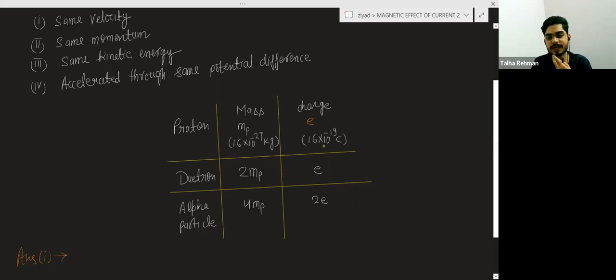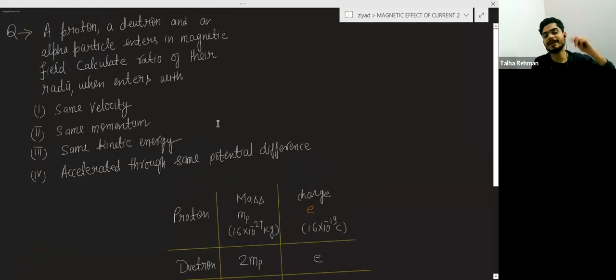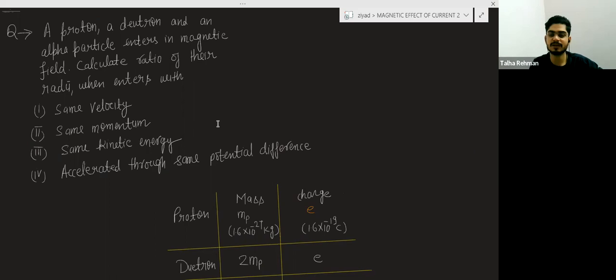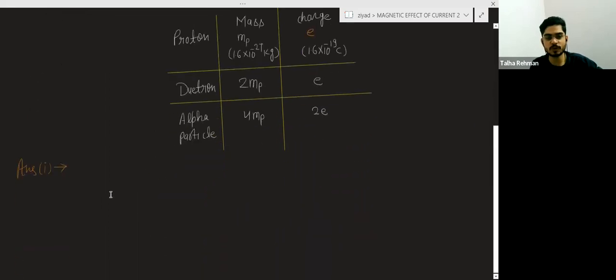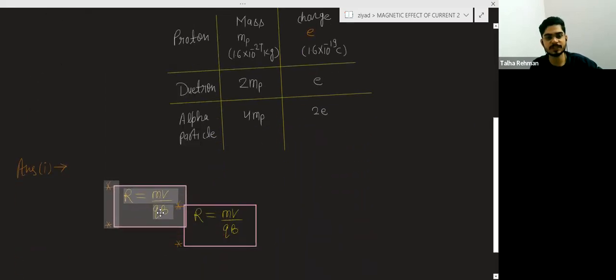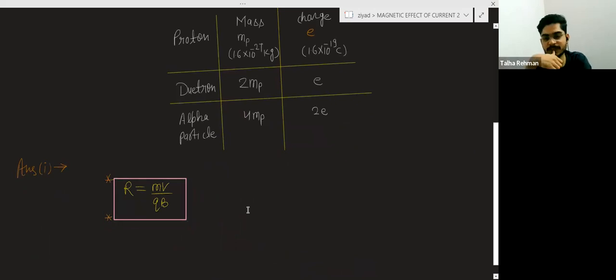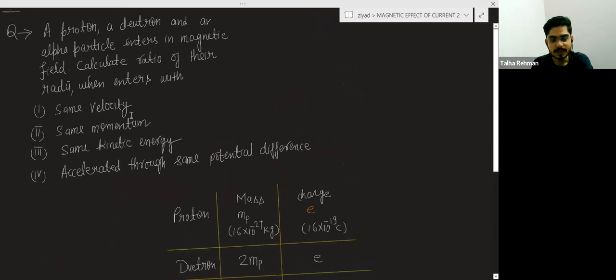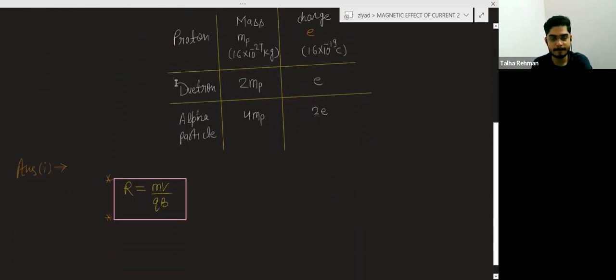As this charged particle is entering the magnetic field, they are asking the radius, which means this charged particle will move in a circle. So we should know the formula of the radius. This is the formula for the radius of the charged particle. They are saying the charged particles are moving with the same velocity.